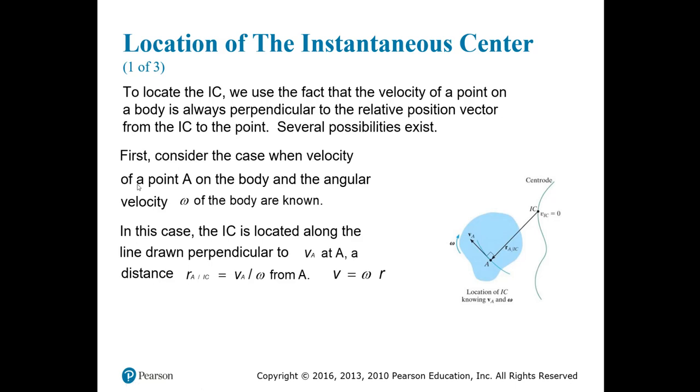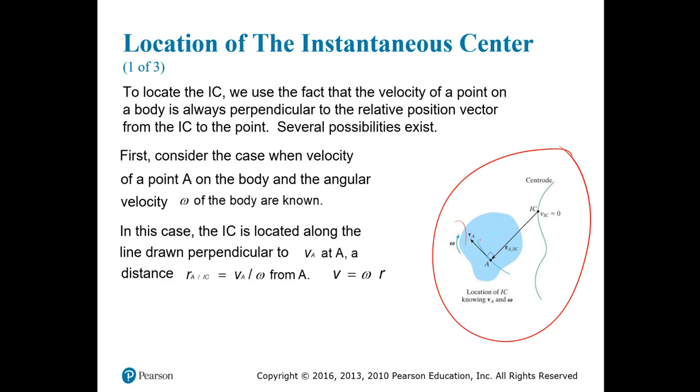So to locate it, we have different cases, right? The first one is when the velocity of point A on the body and the angular velocity of the body are known. When that's the case, as you can see right here, your omega is known and also the velocity.